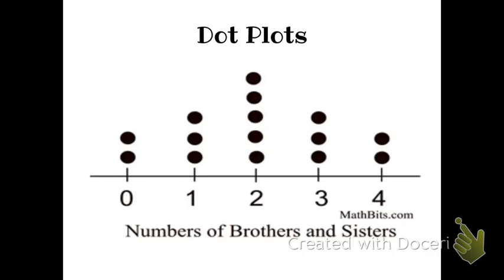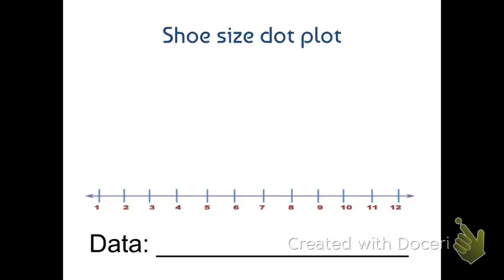All right, now, let's go ahead and we're going to make one of these. So I'm going to have everybody come up and you're going to put your shoe size on this graph. And as you do that, we're going to record it on the one that's inside of our little folder. Now, if you're saying, oh, my shoe size is a something and a half, you're going to have to pick. Don't put it in between. Okay, so you're going to put it on one spot or the other.